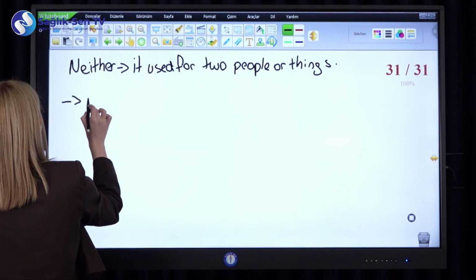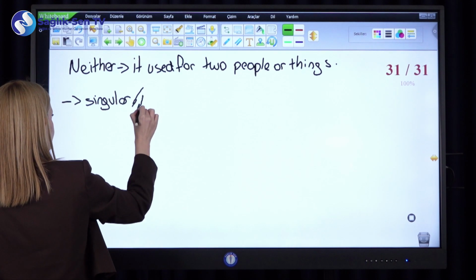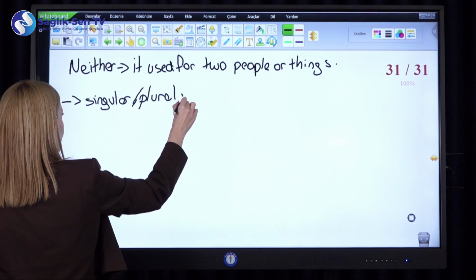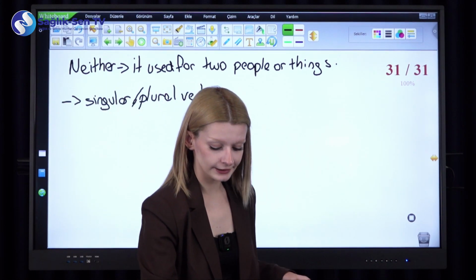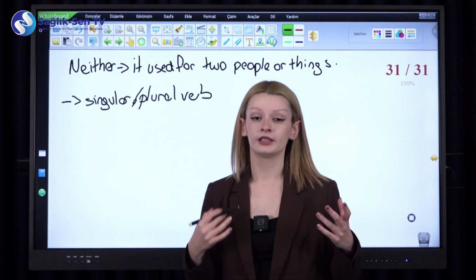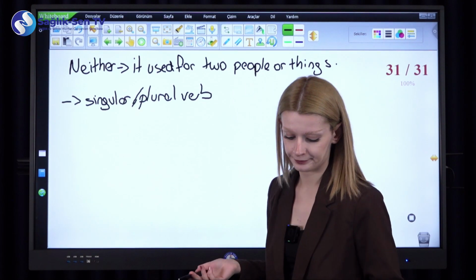It can be used with a singular or plural verb. They are both correct. It is used in an affirmative sentence and gives a negative meaning.